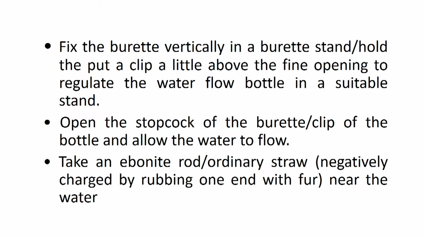Because this is a lab activity, fix the burette vertically in a burette stand, or put a clip a little above the fine opening of a bottle to regulate the water flow. Open the stopcock of the burette or the clip of the bottle and allow the water to flow. Take an ebonite rod or ordinary straw, negatively charged by rubbing one end with fur, near the water.